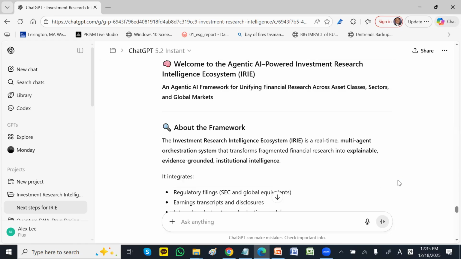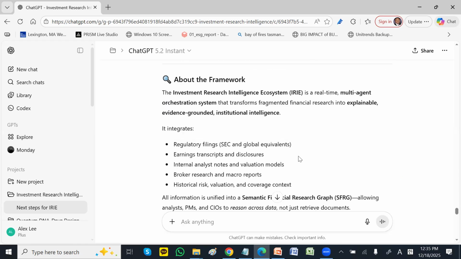So for this framework, the investment research intelligence ecosystem is a real-time multi-agent orchestration system that transforms fragmented financial research into explainable, evidence-grounded institutional intelligence.